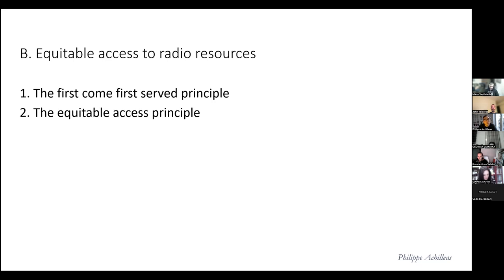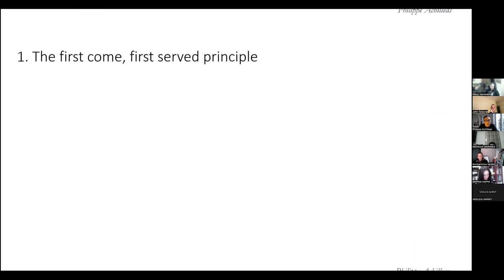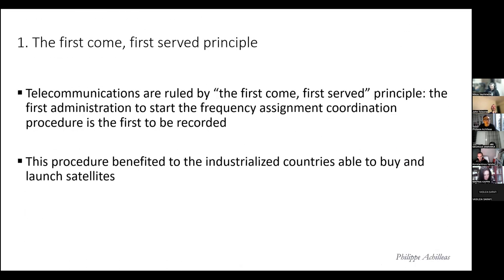So in order to support the use of outer space by developing countries, ITU has also recognized the equitable access principle. The first come, first served principle means the first administration to start the coordination procedure is the first to be able to register the frequencies together with the orbits or the orbital position.